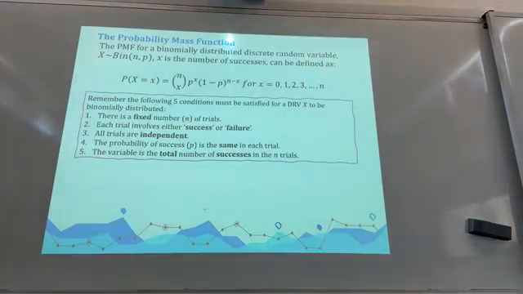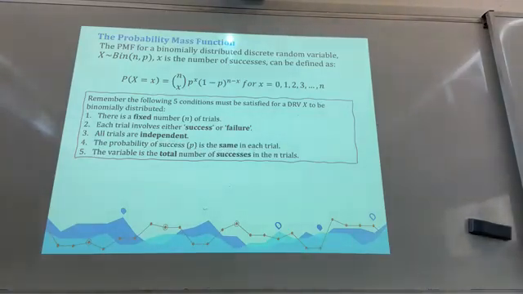3. All trials are independent. So for the 4 questions, the outcome of question 1 does not affect the outcome of question 2, and does not affect the outcome of question 3. So it's independent. 4. The probability of success p is the same in each trial.